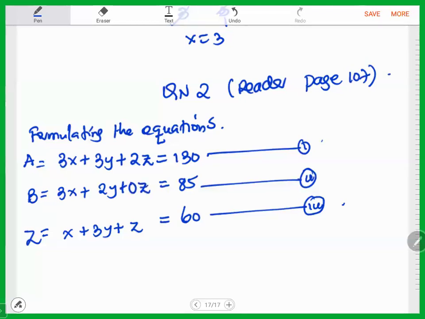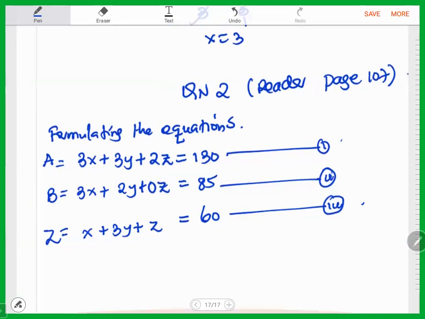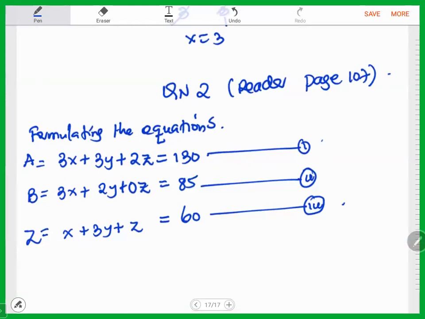So I'm going to select 1 and 3 to eliminate z. Thereafter, I will use the two equations to solve for x, y, and z.